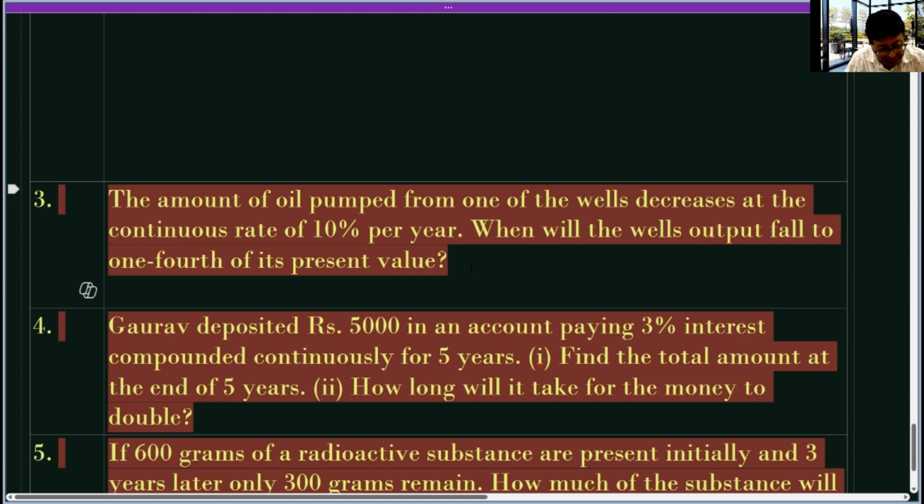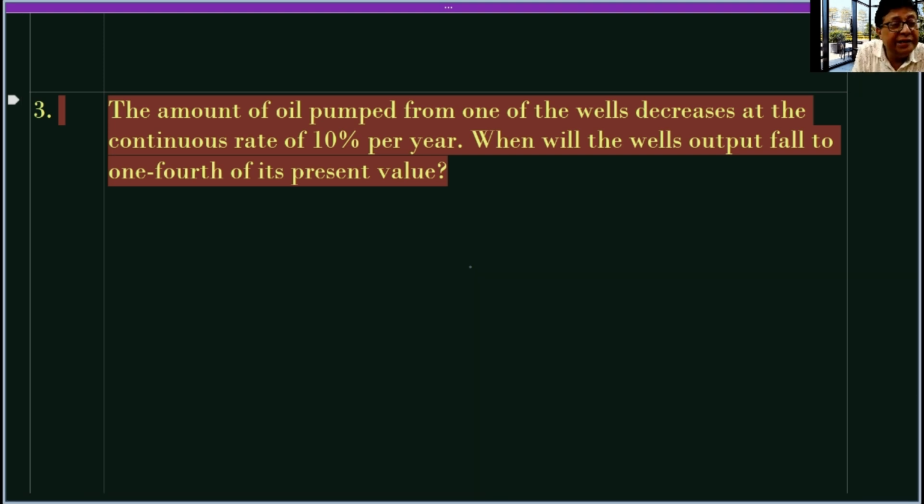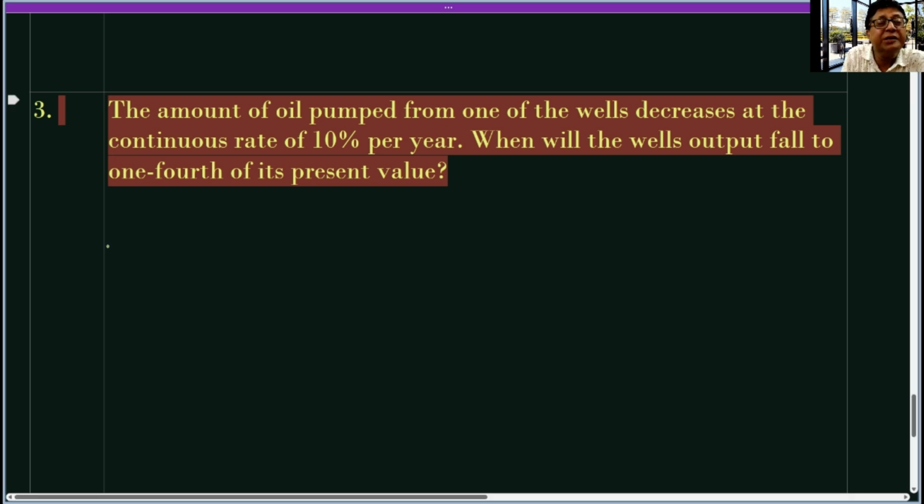This one. The amount of oil pumped from one of the wells decreases at a continuous rate. This is a decay problem. What do you mean by this? What is a continuous rate?